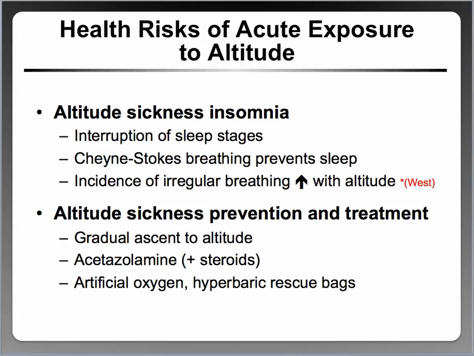Also, some people with this altitude insomnia have a pattern of breathing as they sleep called Cheyne-Stokes. In this pattern, basically it's alternating periods of rapid breathing and then slow, shallow breathing. And then it also includes periods where breathing completely stops. And as you can imagine, this does not contribute to a good night's sleep.